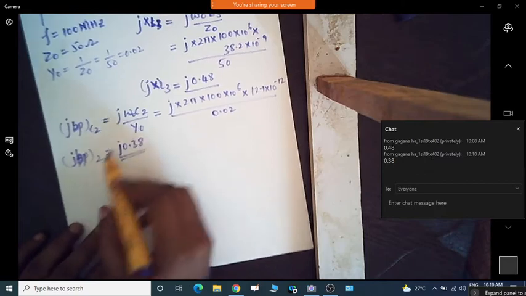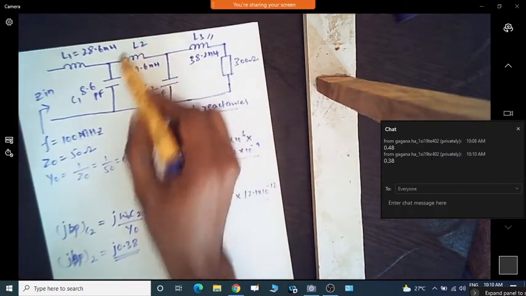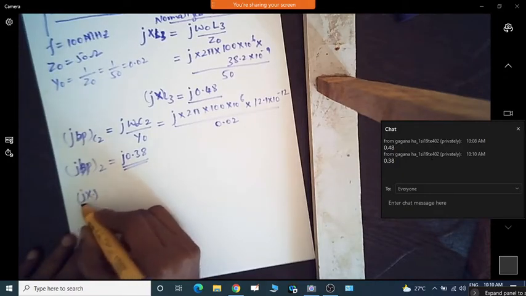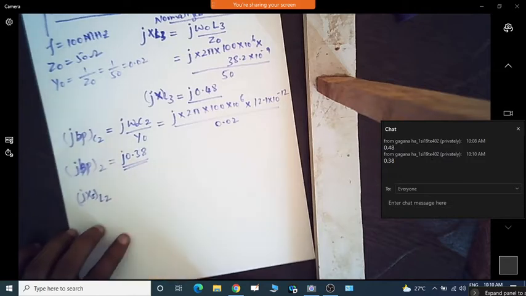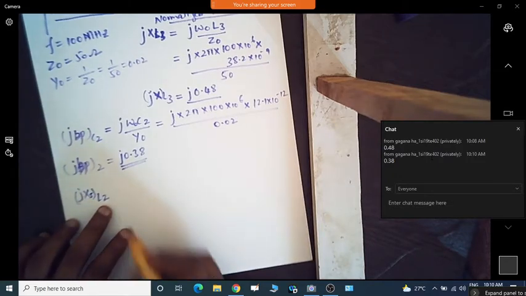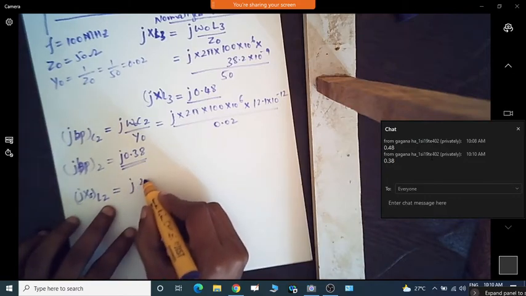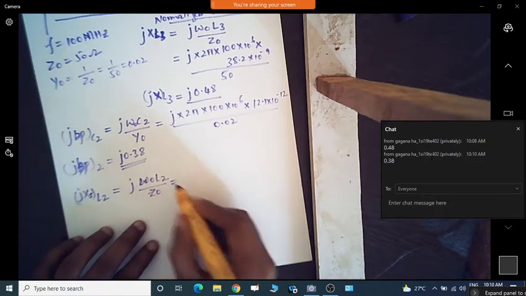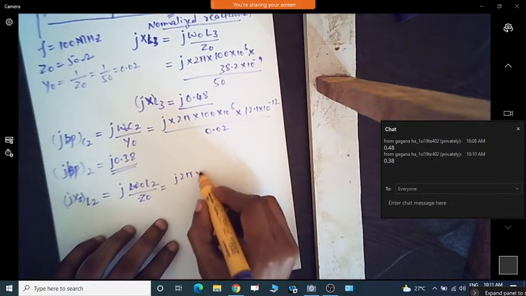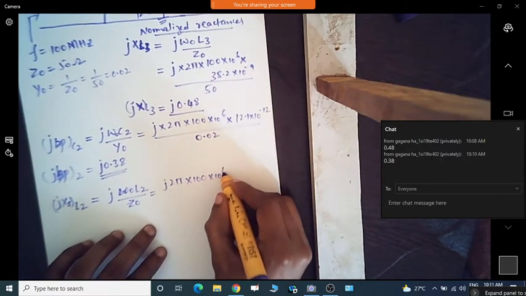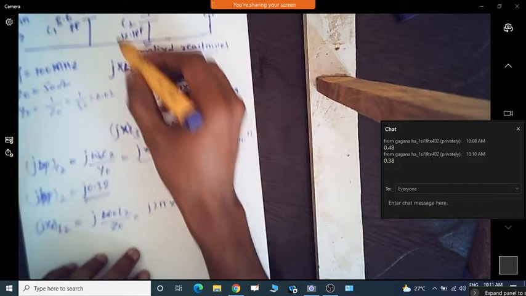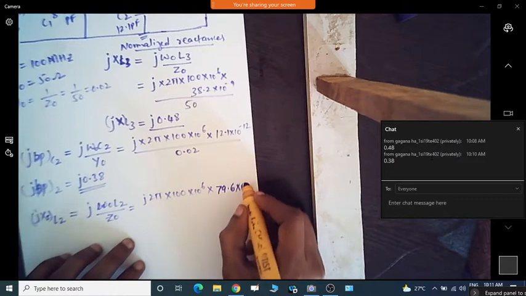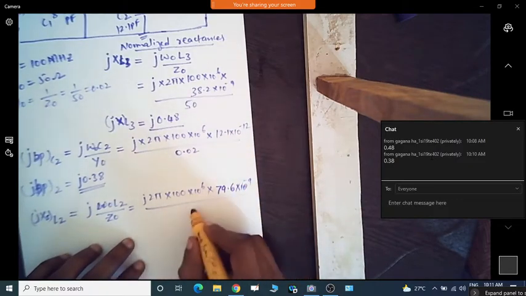Now similarly, find the reactance offered by the inductor L2. This is in series, so the series reactance jx due to L2 is j omega naught L2 divided by Z0, which is j into 2 pi into 100 into 10 power 6, and L2 is 79.6 into 10 power minus 9, divided by 50.